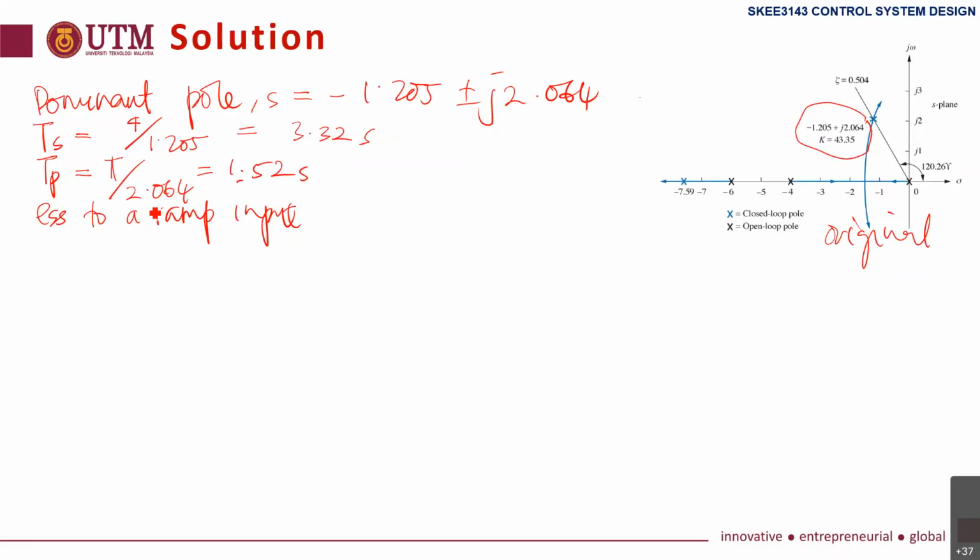Now find the error. Error for ramp input is equal to 1 over Kv. Remember we have Kv, Kp, Ka. For ramp input, 1 over Kv.